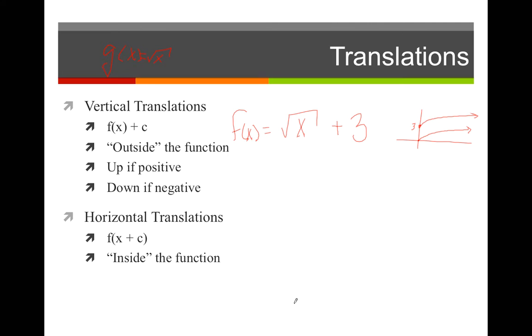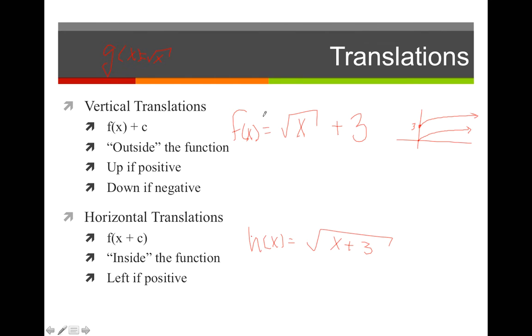However, if I wanted to move it 3 units to the left, let's call it new h of x, you have to actually do the opposite of what you think. In order to move left, you think minus, but it's left if it's a plus. It's basically thinking about what makes it 0. So if I wanted to move it left 3 units, I would say x plus 3 under my radical.